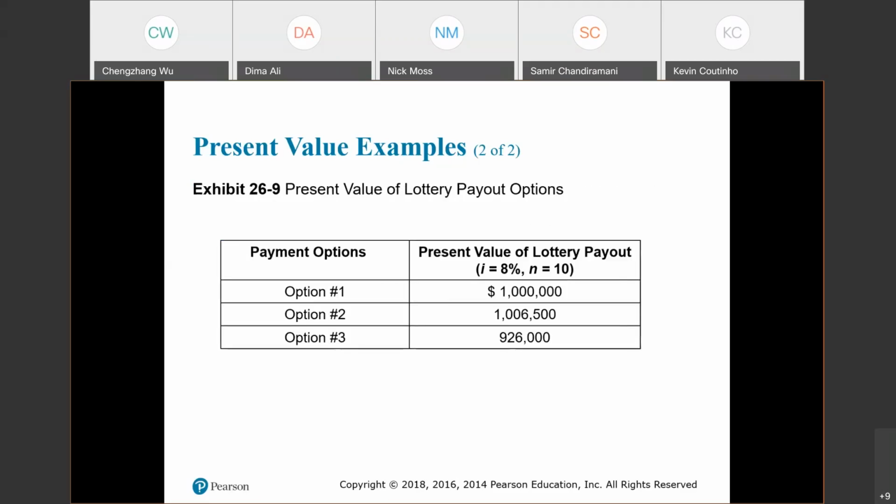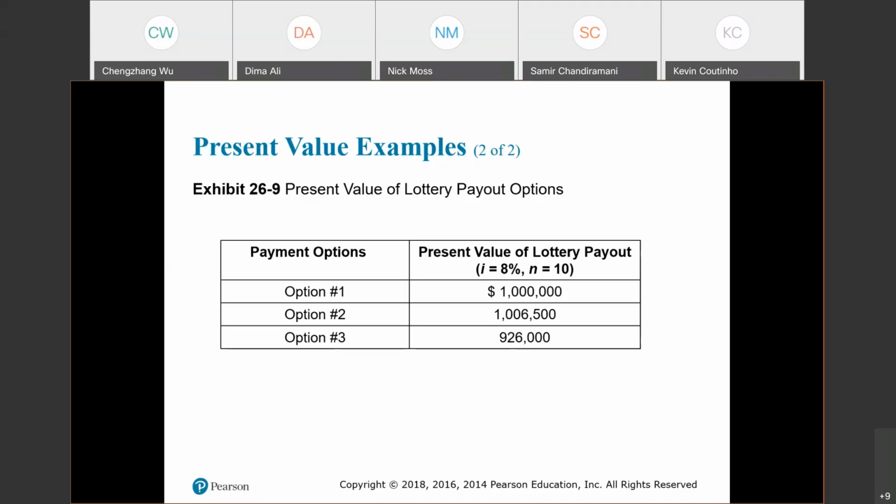Well, for option number two, its present value is calculated using the annuity, which is $150,000 times the annuity present value factor, where the interest rate is 8% and the periods are 10.